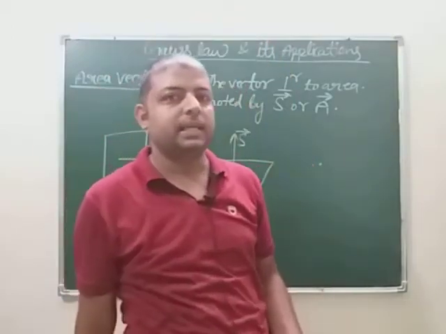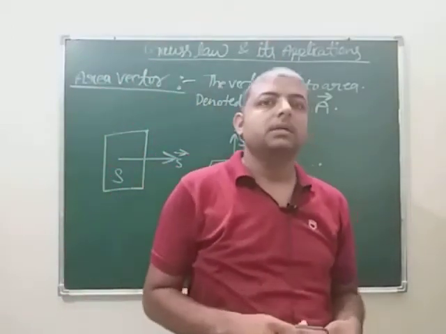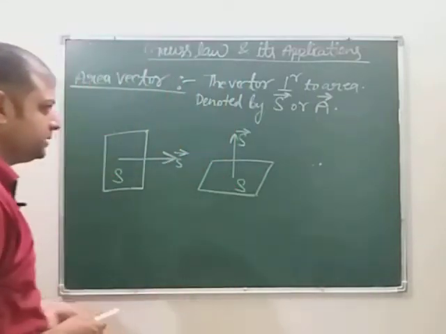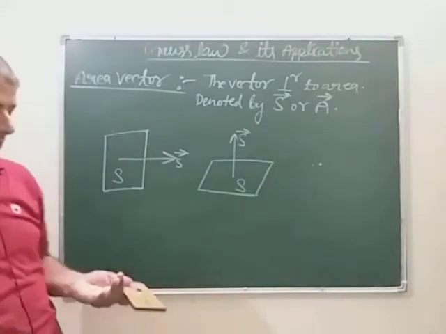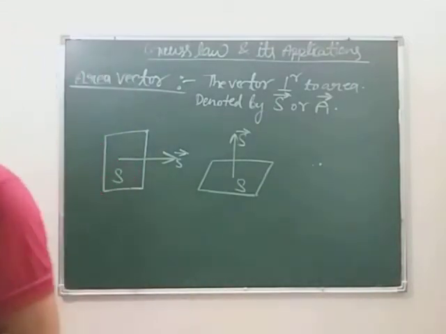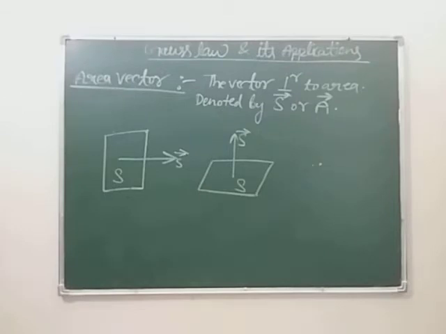In all the cases, the area vector will be perpendicular to the surface. So you must know this. You can write this area vector, or make these examples also. It is very helpful to remember the concept.